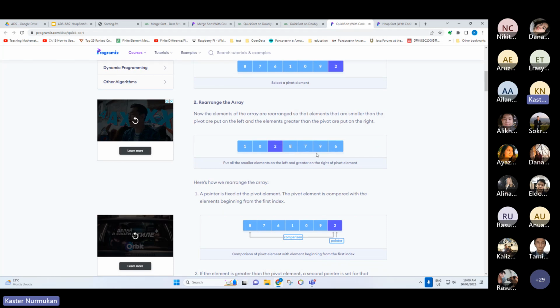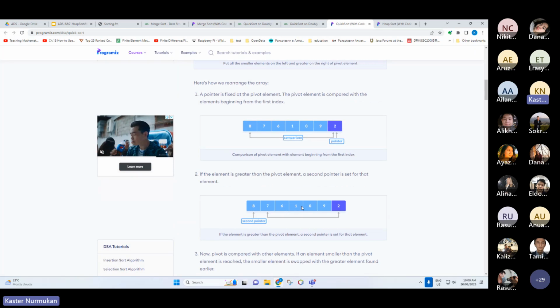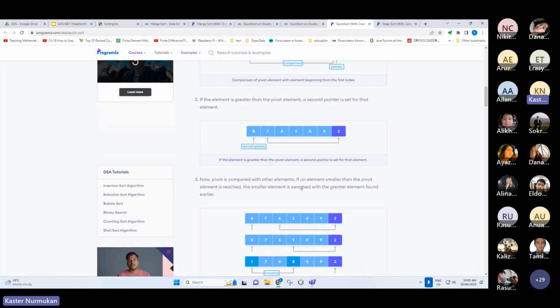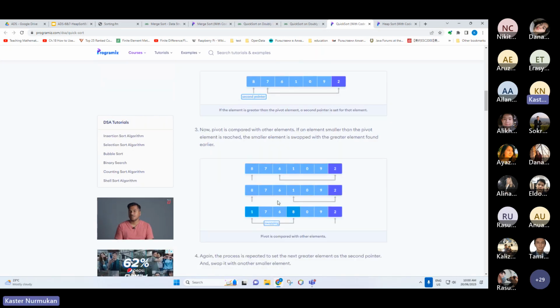They put 6 in the pivot position, and you begin to do the same things. 6 is the pivot position, then they do it again. They put the smaller elements on the left side and the bigger elements on the right side. So the same thing, swapping.